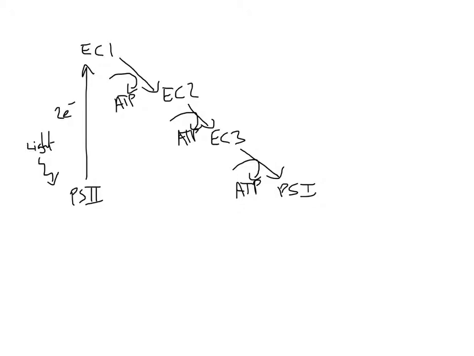So this stage that we're looking at here is called photophosphorylation. Photophosphorylation is occurring here. Light energy is used to produce ATP.